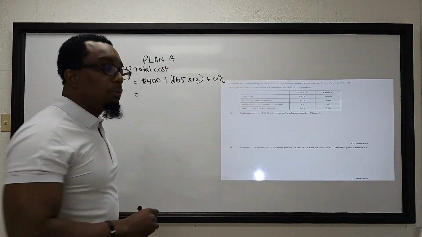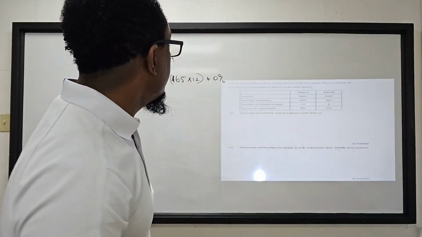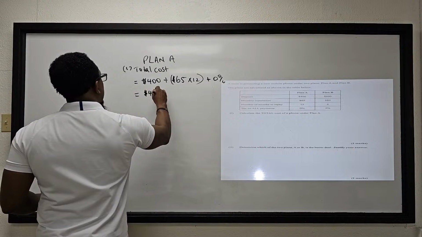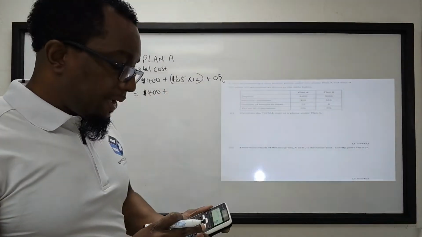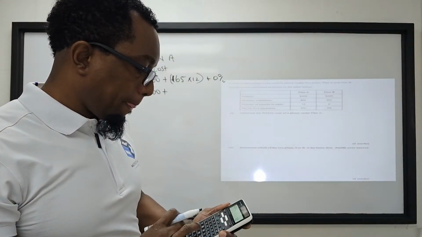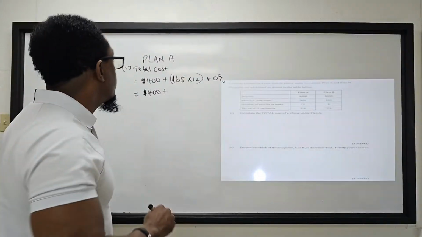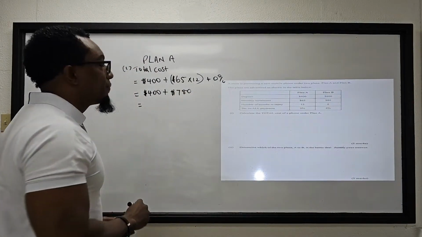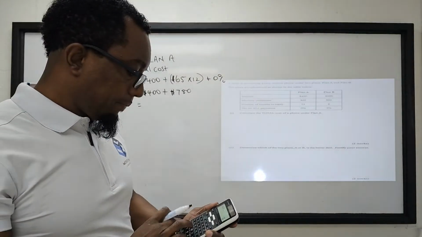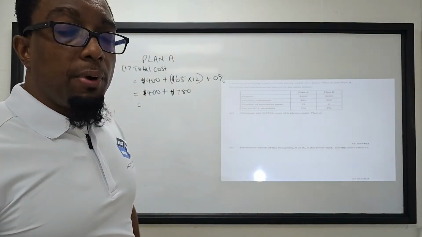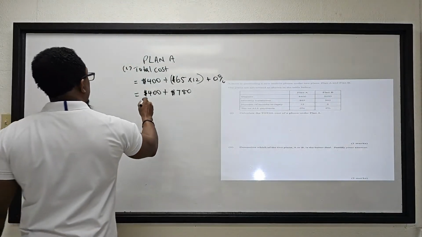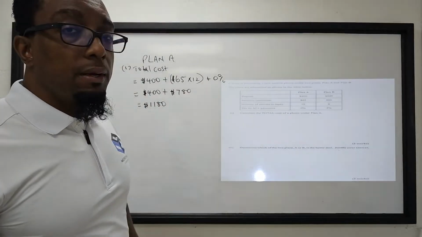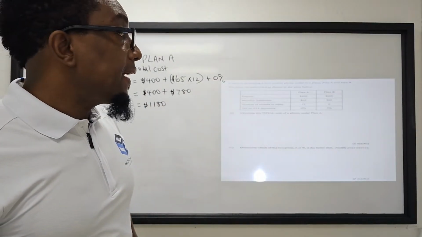So our total cost for plan A will be $400 plus 65 times 12, which is 780. So 400 plus 780 will give us $1,180. So that will be the total cost under plan A.